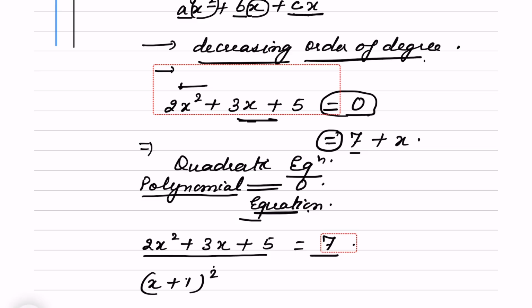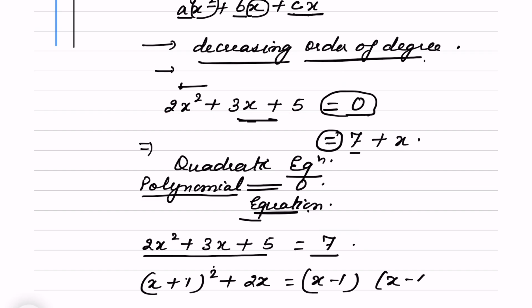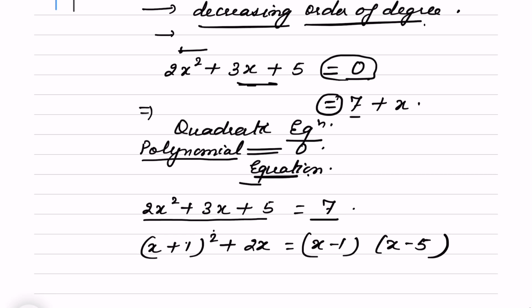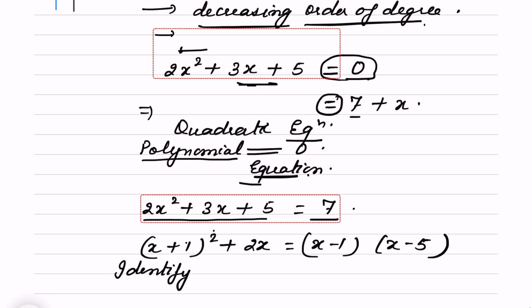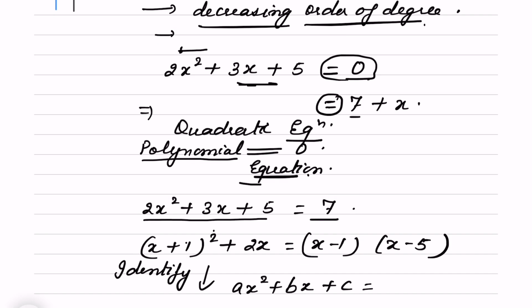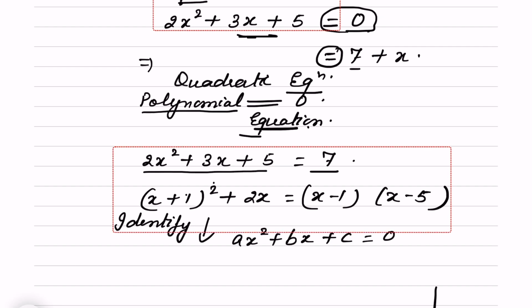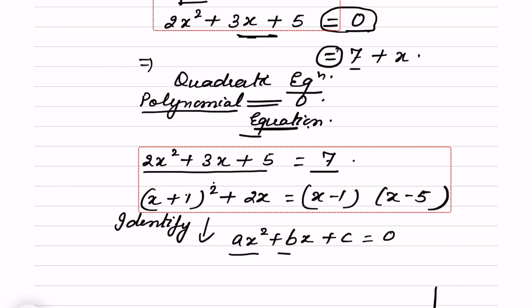There are many equations written like this, for example (x minus 1)(x minus 5). So when you have to identify, you simplify it, and then you see whether you are getting the form ax square plus bx plus c equals 0 or not. If you are getting this form after simplifying, it is a quadratic equation, otherwise it is not.